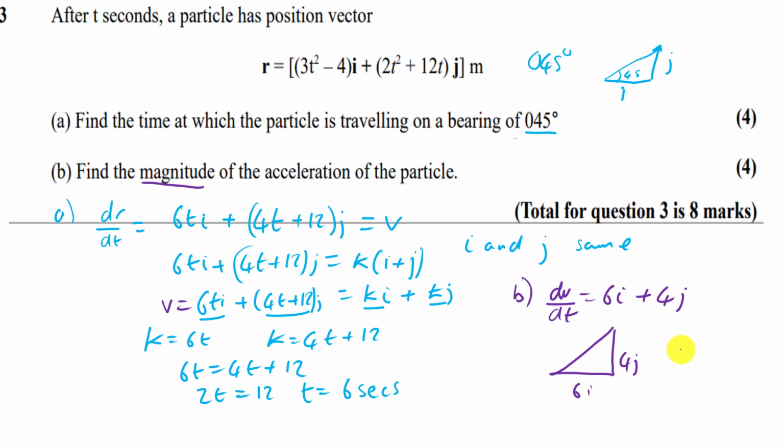So it's just the square root of 6 squared plus 4 squared, which is 36 and 16, root 52. So that is 2 root 13 meters per second squared. We happy with that?